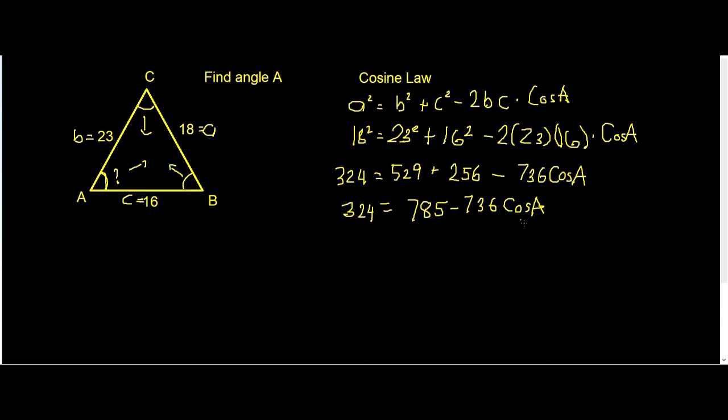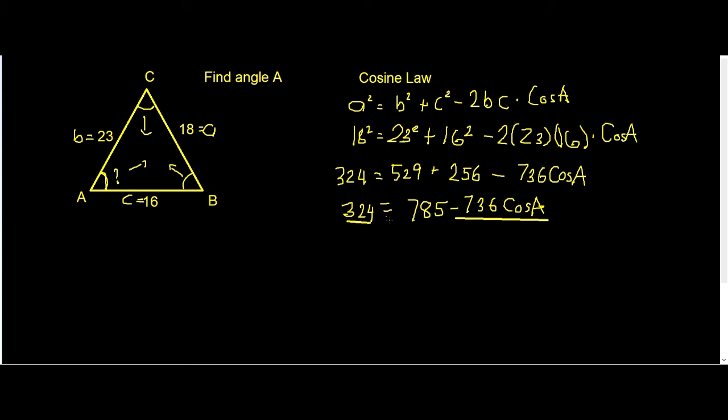So you cannot simplify a whole number with a number with a variable. Now, what you want to do is to transpose. I-transpose mo tong buong negative 736 cosine A sa kabila and yung 324 sa kabila.